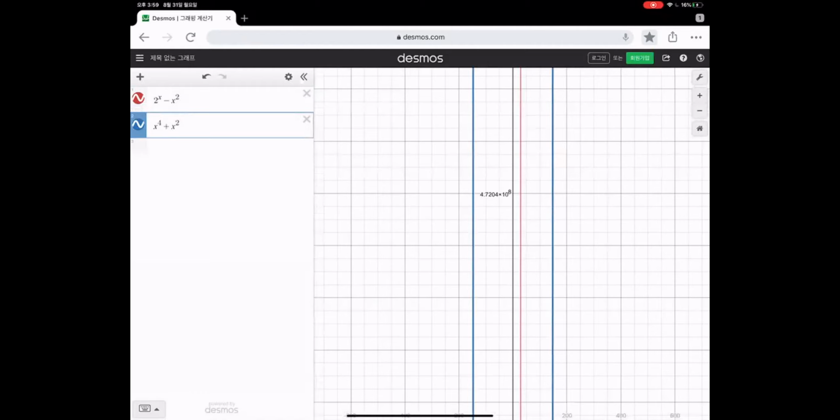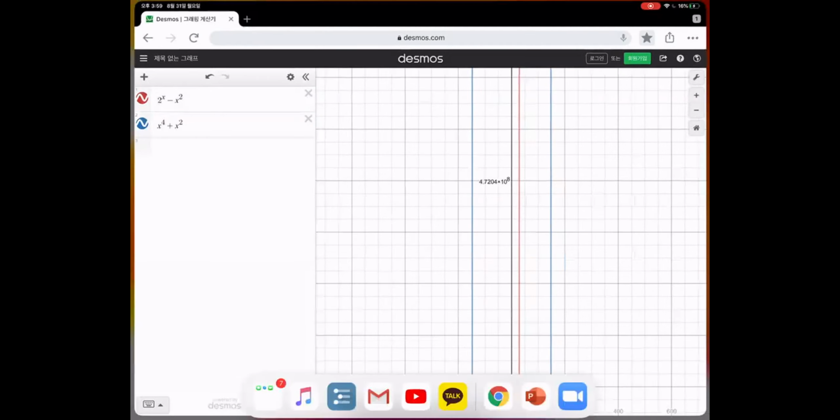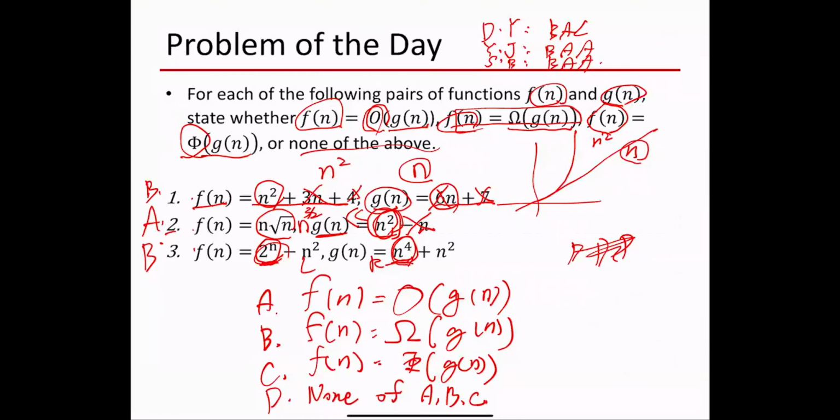When we talk about asymptotic notation, we care about the big number. So 2 to the power n is growing much more rapidly than the cube. All right, so I have a table for this, then we can talk about it.